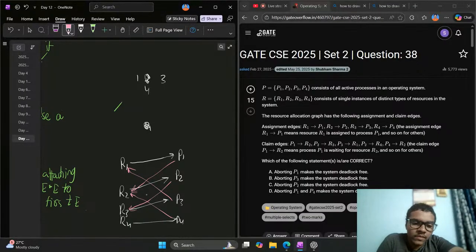So how is it deadlocking? We first need to analyze what causes the deadlock. If you abort process P1, then P3 will obviously get R1.